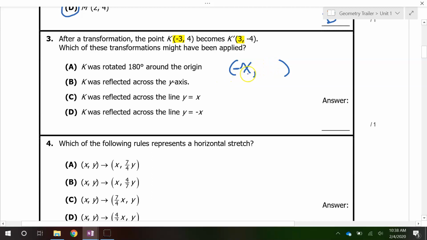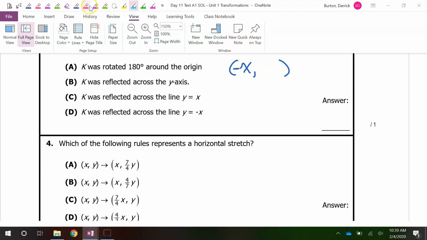Okay? Now, again, in a rule, this minus sign means opposite. So it doesn't matter that this is a +3. It's the opposite of what it was, so the rule will have a negative sign. And then the y value, let's focus on that. 4 became -4. So again, that is the opposite of what it was.